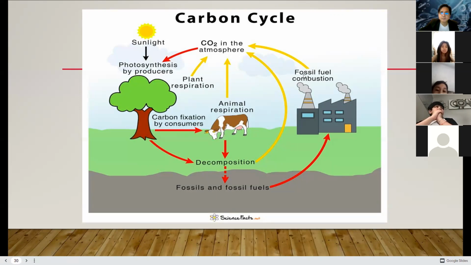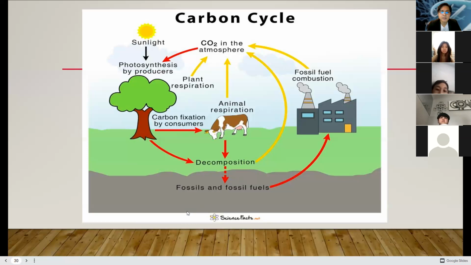Take note that fossil fuels are non-renewable resources. Once they are consumed, you cannot replace them. Fossil fuels take millions of years to form.